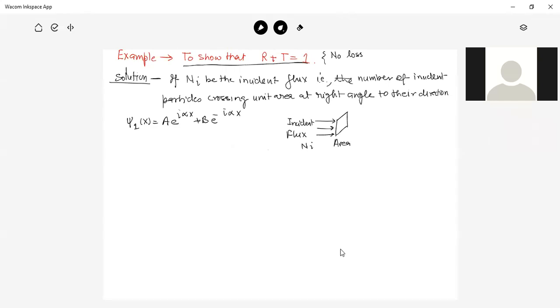Here alpha is 2m E upon h cross square, this is your alpha incident when the potential is 0.